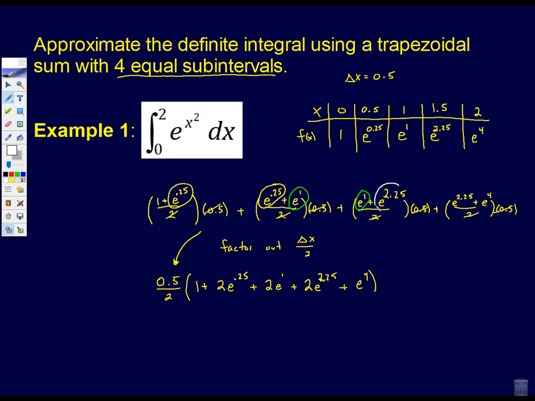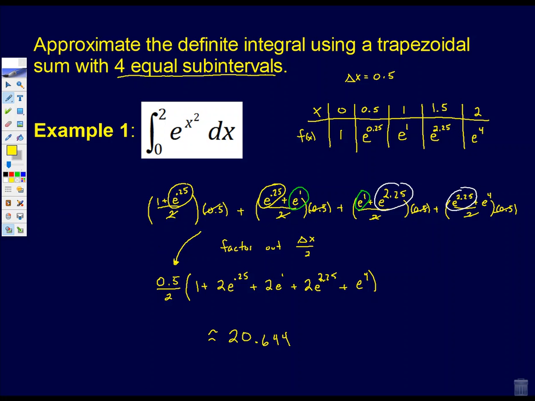And then e to the 2.25 occurs twice. So I'm going to write it as 2 times this. And then the last term is e to the 4th. Okay, so now this expression is the one I'm going to type into my calculator if I want to get the answer, because it's a little bit easier to enter into the calculator. I encourage you to try that on your own now too, and in a minute, I will do the same thing, and let's check our answer.